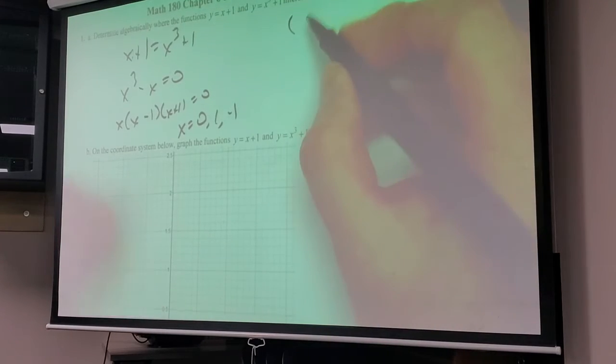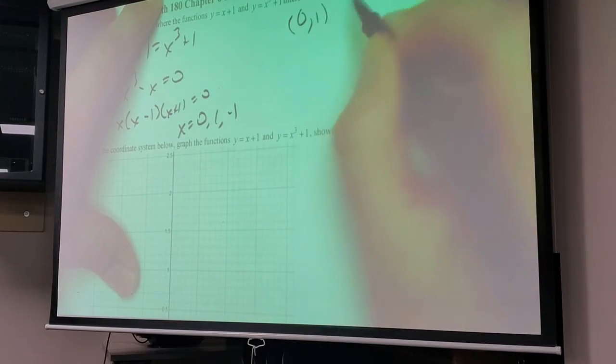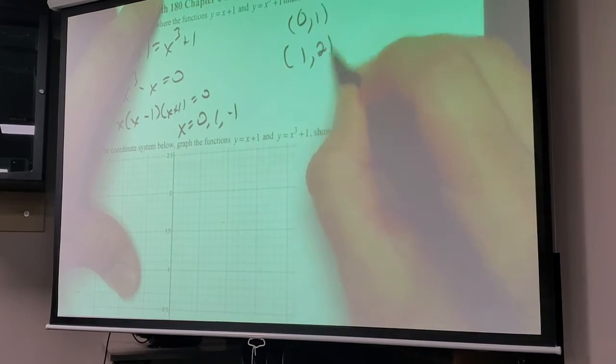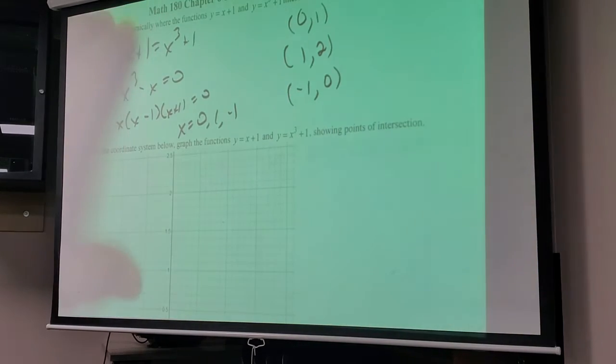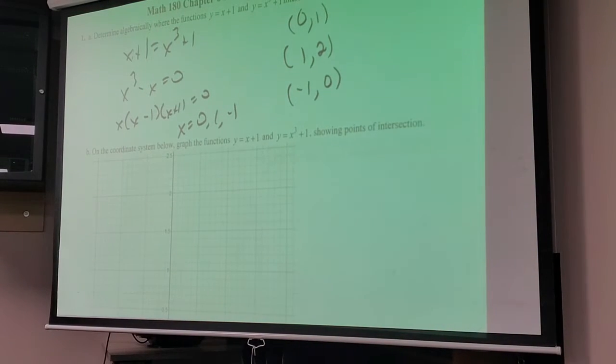So they meet at (0, 1), (1, 2), and (-1, 0). So those are the points where those two functions intersect.